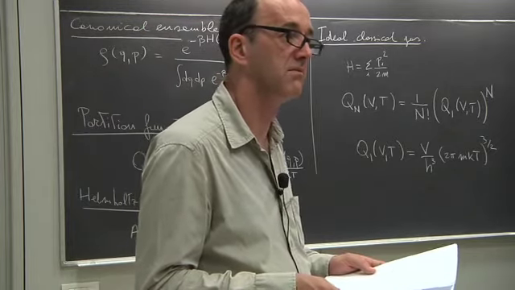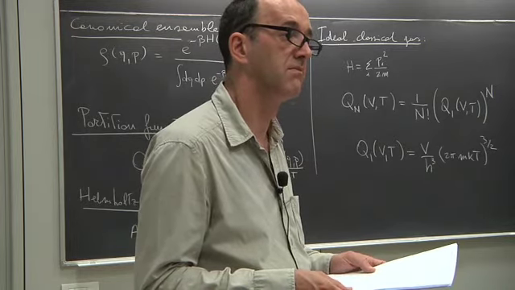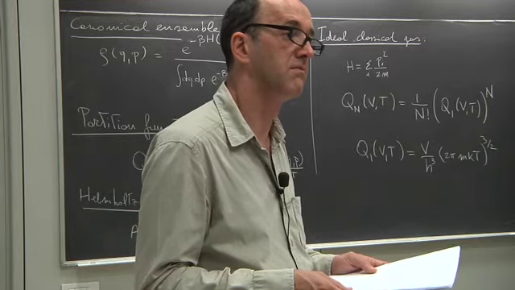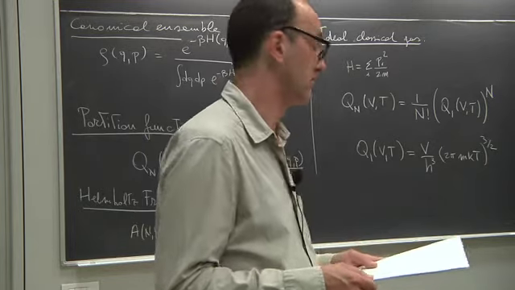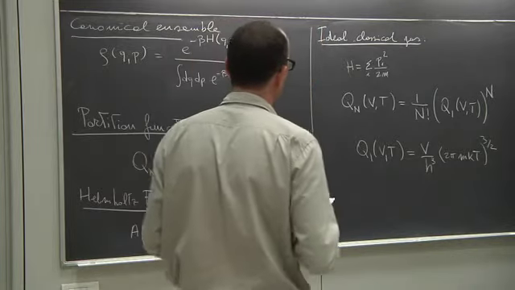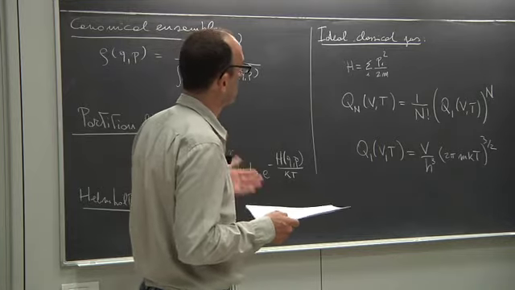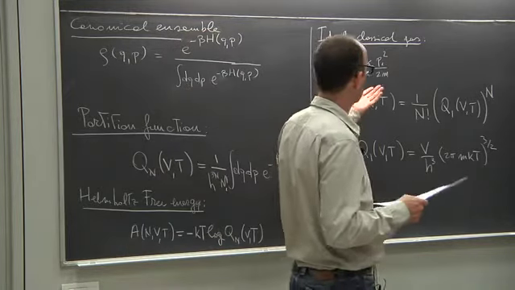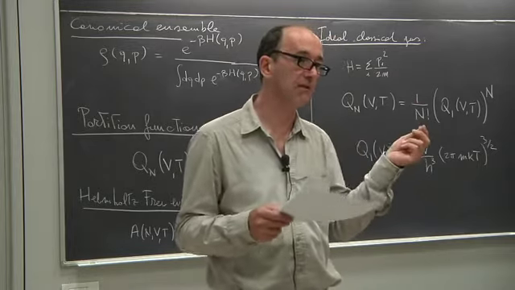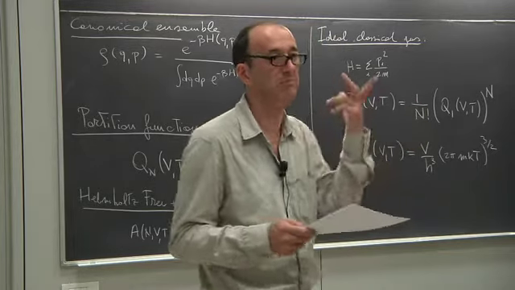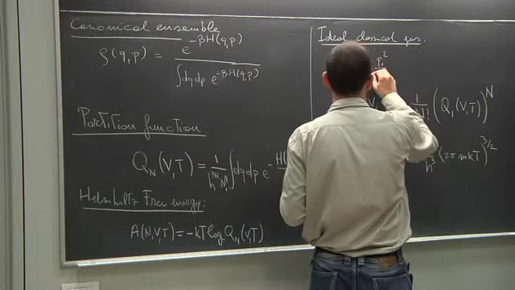Does this formula hold for a system with two different kinds of particles? Imagine, for example, that you have a mixture of two gases, one with mass m and one with mass m prime.